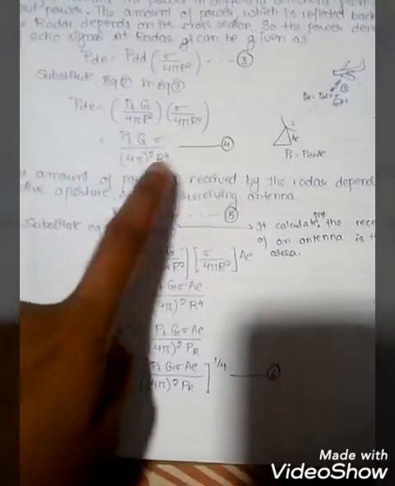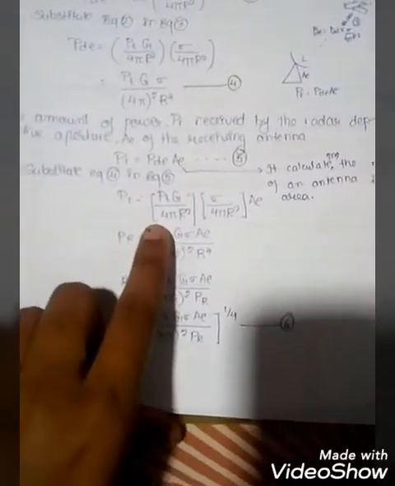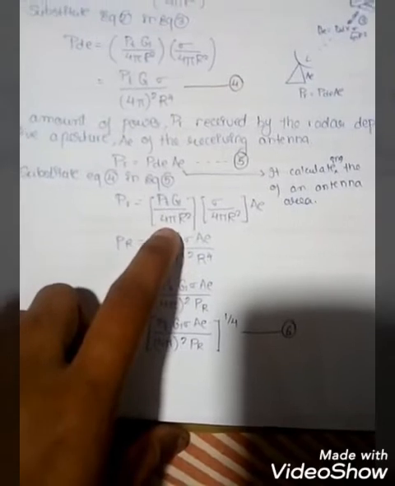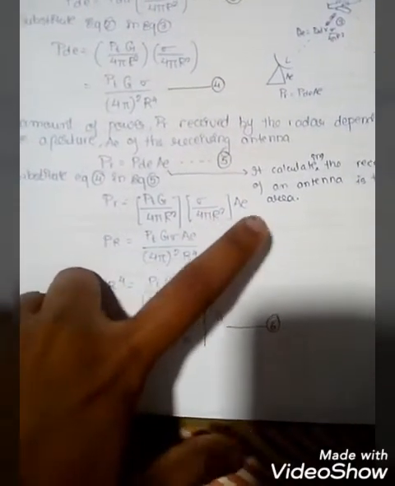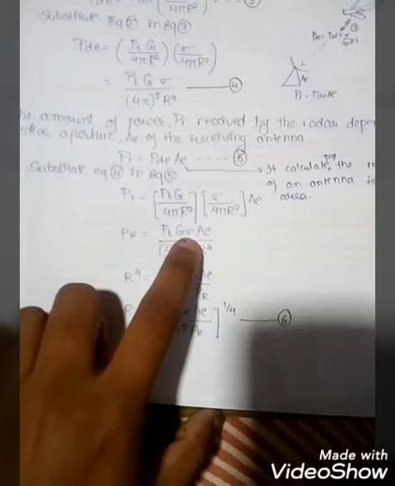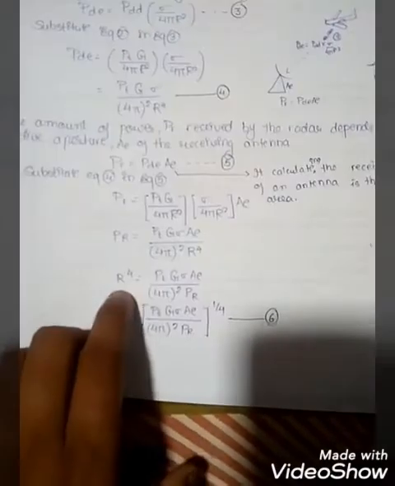Now we will substitute our 4th equation in the 5th equation. So here I get my PDE, that is PT G divided by 4 pi r square into sigma upon 4 pi r square into AE. After simplification, I will get this PR, that is PT G sigma AE divided by (4 pi) square into r raised to 4.